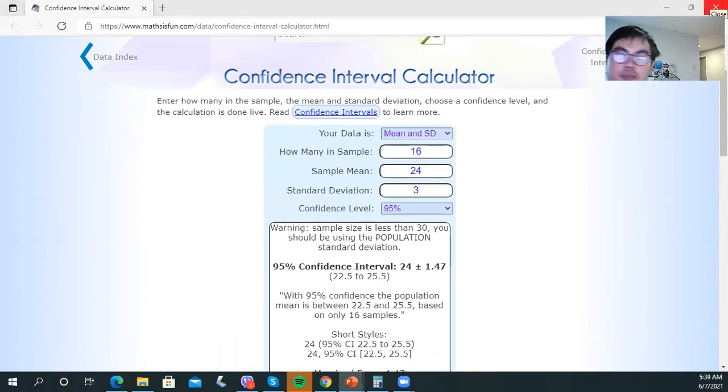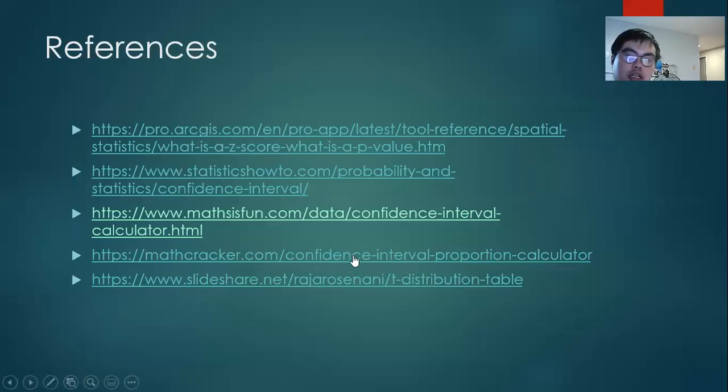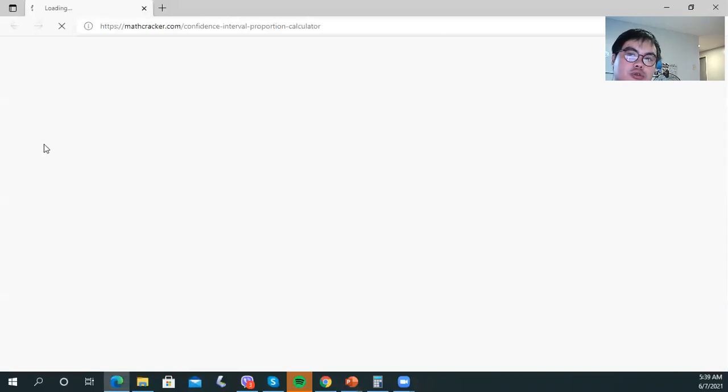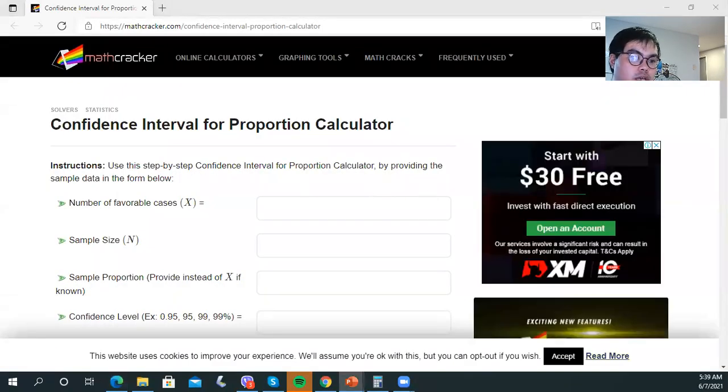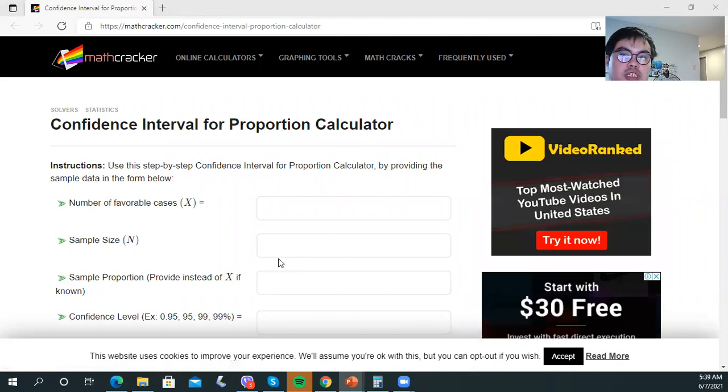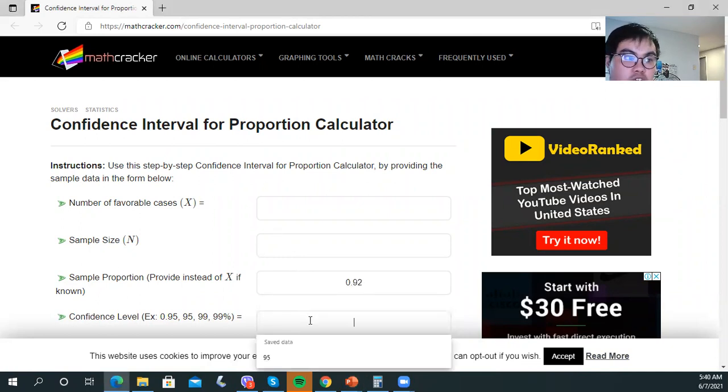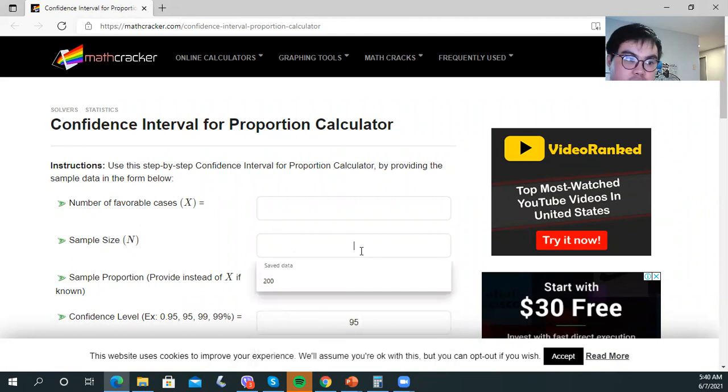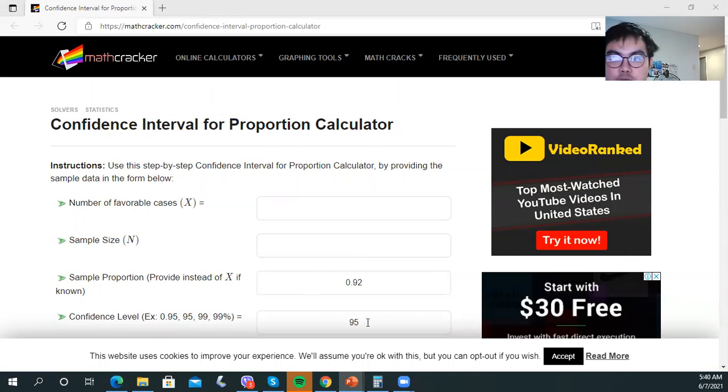For the population proportion, we can click this calculator. Since we do not have the given number of favorable cases, but instead we have the given proportion, this is 0.92, the confidence level is 95, then the sample size is, oops, I guess I typed the wrong given.